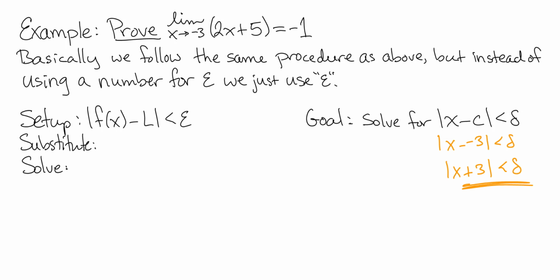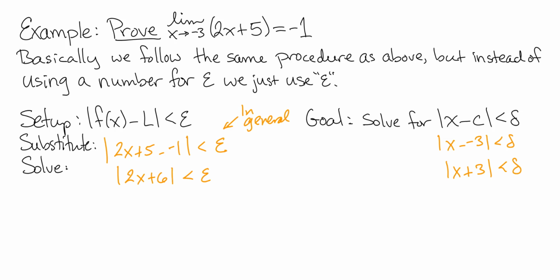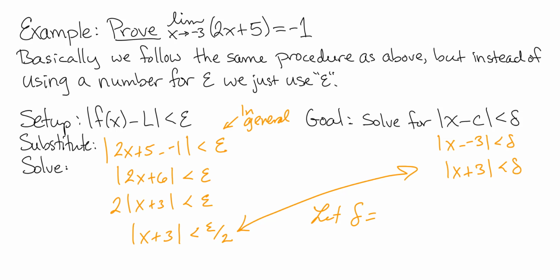When we substitute in the y information, we have the absolute value of 2x plus 5 minus -1 is less than epsilon, epsilon in general. Simplifying, we have 2x plus 6 is less than epsilon. Factoring out the 2, we have that multiplied times the absolute value of x plus 3 is less than epsilon. When we divide by 2, we get the absolute value of x plus 3 is less than epsilon over 2. These now match, and we can say let delta equal epsilon over 2.